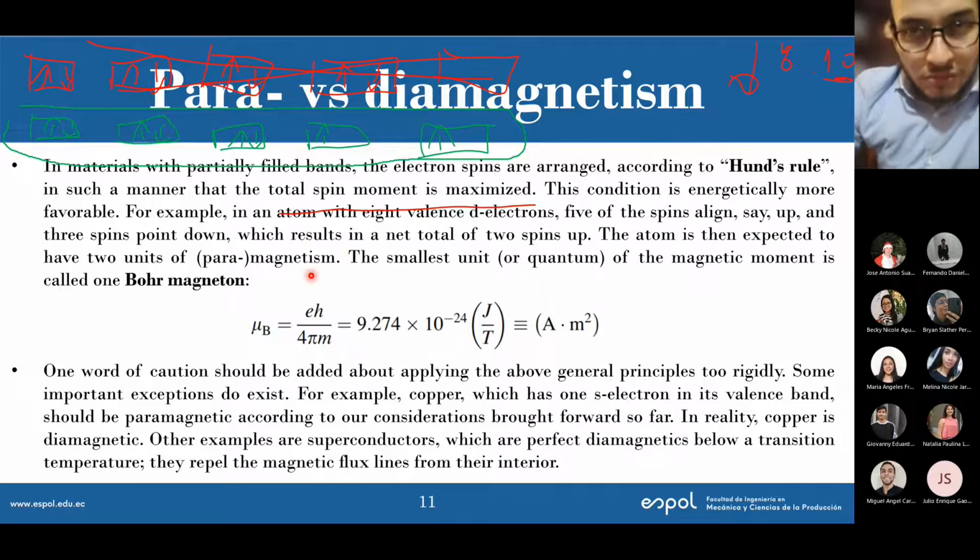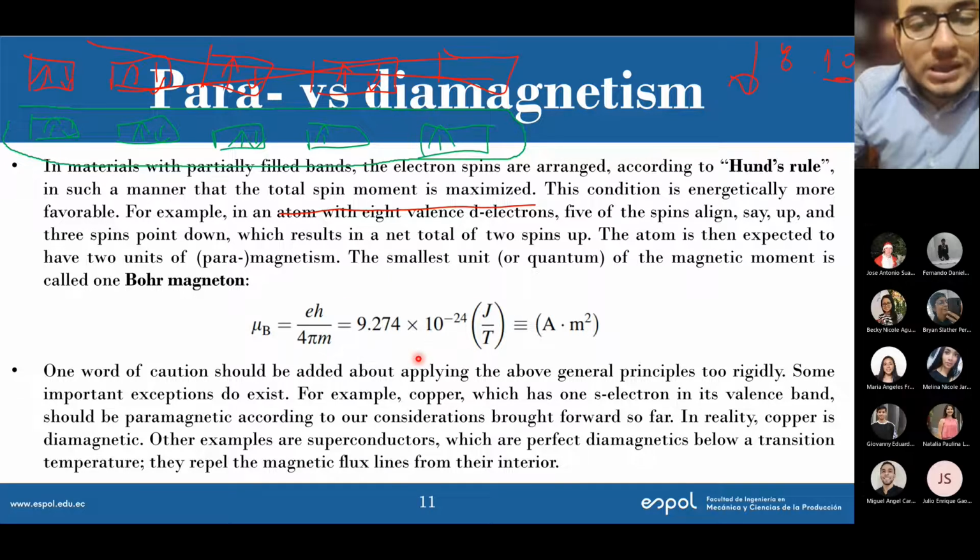The smallest unit, the quantum unit of the magnetic moment, is called the Bohr magneton. I just want you to know this constant is 9.274 times 10 to the negative 24 joules per Tesla, which is equivalent to amperes per meter squared. So that atom that has d8 has two Bohr magnetons.